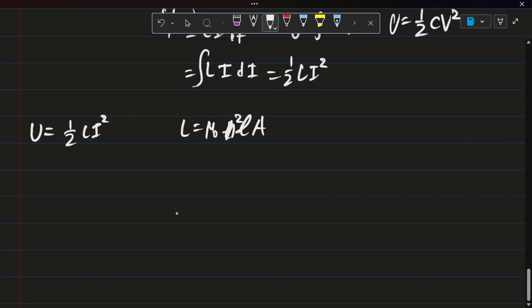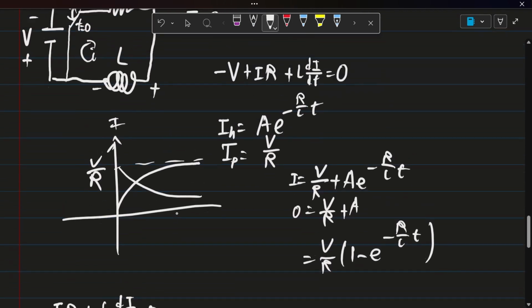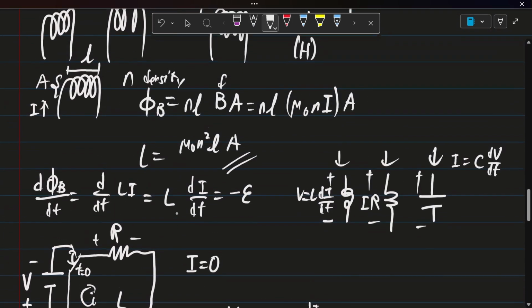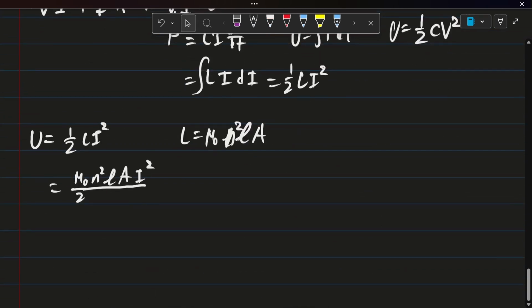So we could rewrite this as mu 0 over 2 n squared L a I squared. Now, you should also remember the definition of the magnetic field as well, because this is where the energy is stored. It is within the magnetic field. The value is mu 0 n I.